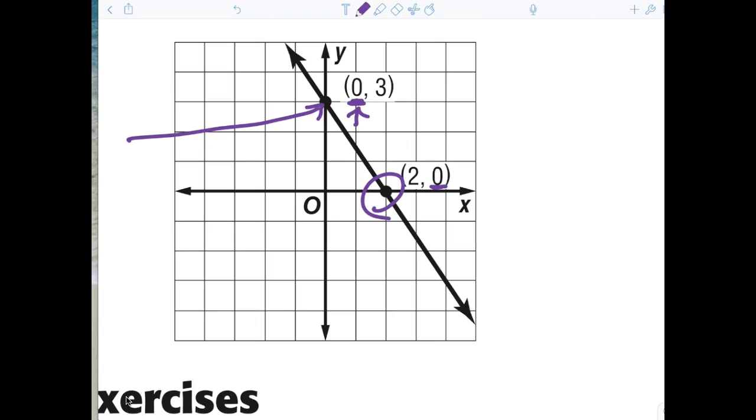Is everybody with me on this? I'm just trying to make that observation for you, make sure you understand it. If you're looking for the x-intercept, you're looking for an x-coordinate. If you're looking for a y-intercept, you're looking for a y-coordinate. On the y-intercept, the x is 0. On the x-intercept, the y is 0. All right? Super important.